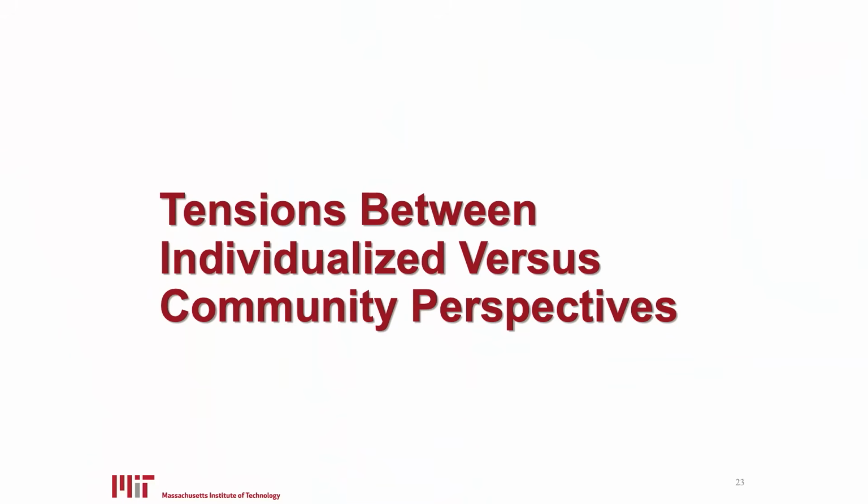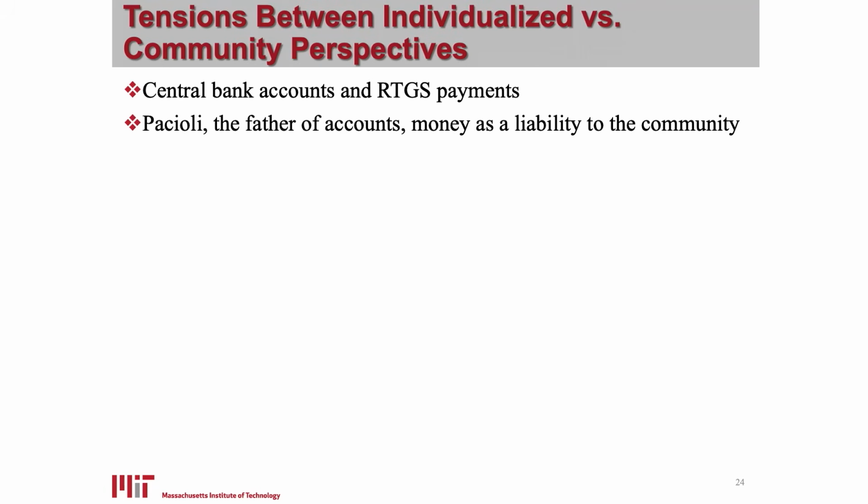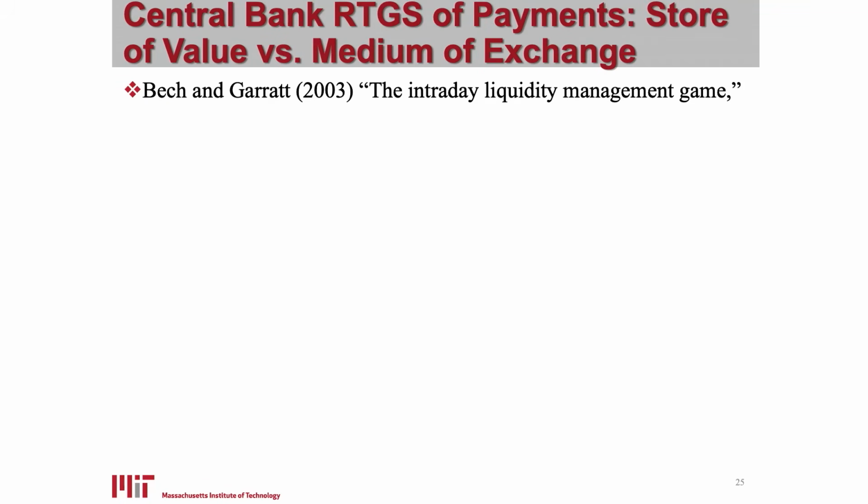Tensions between individual versus community perspectives. We'll talk about central bank accounts and real-time gross settlement, about the father, so to speak, of double entry bookkeeping, and community currency. So central bank real-time gross settlement, quite a seminal article is Beck and Garrett in 2003, which is the intraday liquidity management game.